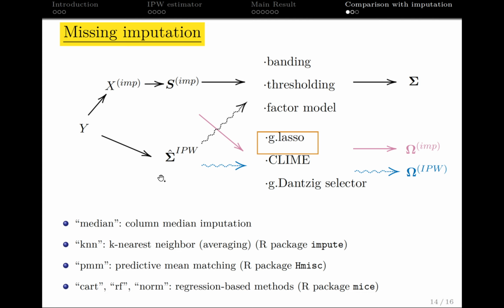Or alternatively, we can just plug the IPW estimator into the graphical lasso problem, and then we get the sparse precision matrix estimator. So in this simulation study, we are going to compare these two precision matrix estimators, and these are the imputation methods that I used in this simulation study, and they are commonly used in practice.